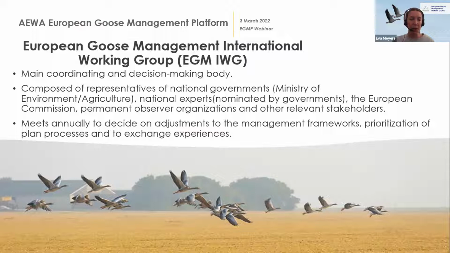It's composed of representatives of national governments, which can be from the ministries of environment or agriculture, as well as nominated national experts, who are defined and nominated by the government representatives and serve as advisors to the national governments, as well as experts on the topics.